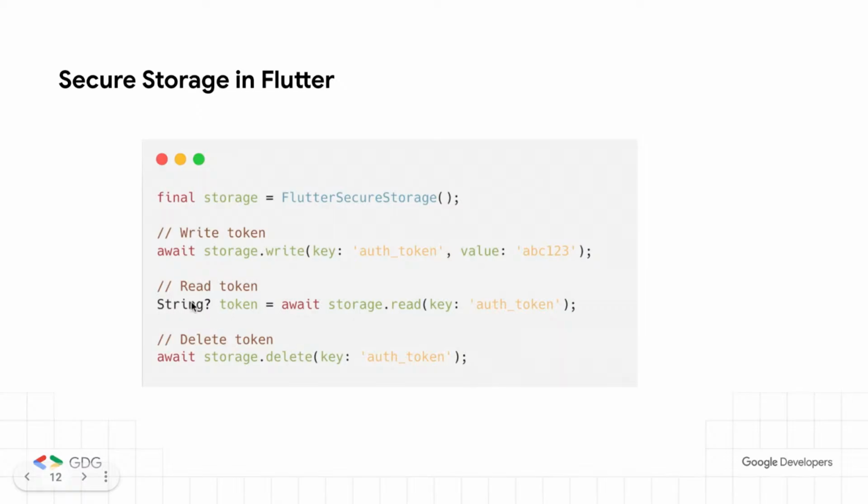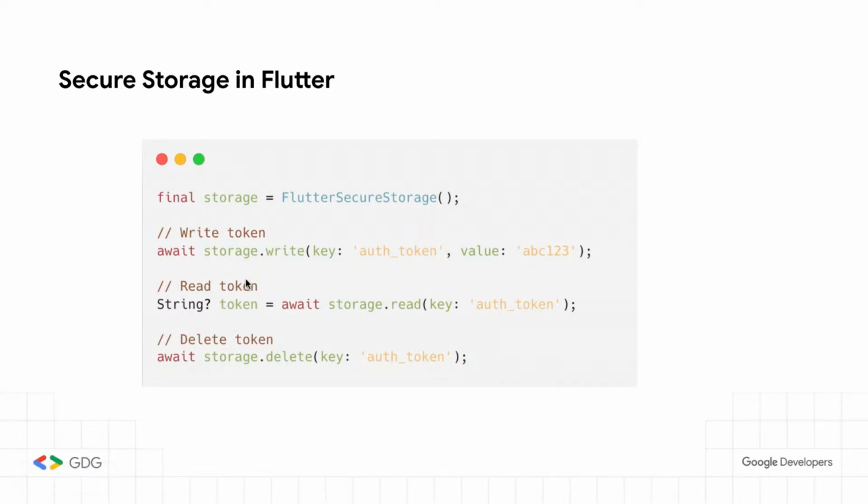And notice that I have made this variable nullable because I can try to read something which does not exist in the secure storage. Maybe I have by mistake entered a wrong key. In such cases, we are going to have the token as null.